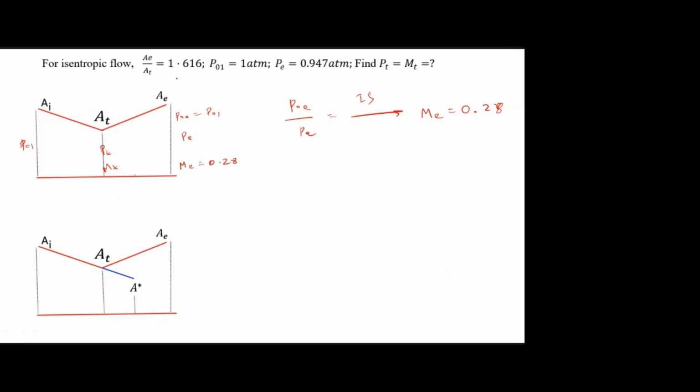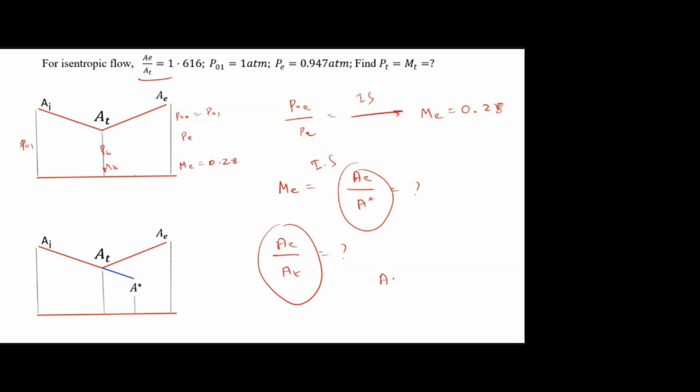See AE by A star. First, ME is given. From that I can find AE by A star from the isentropic table, and AE by AT is given. Now using these two area ratios, I can find AT by A star.